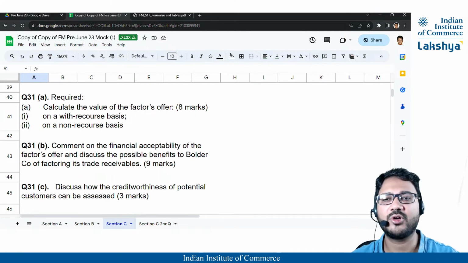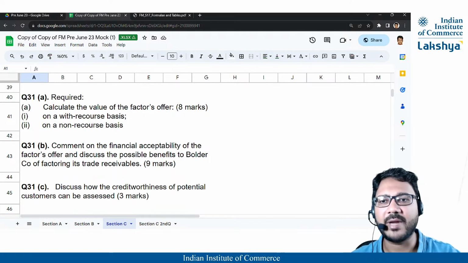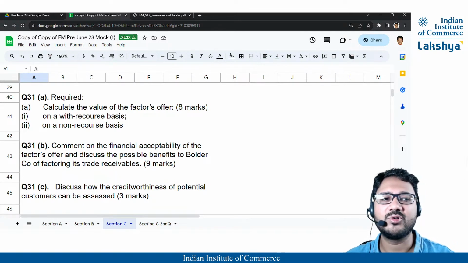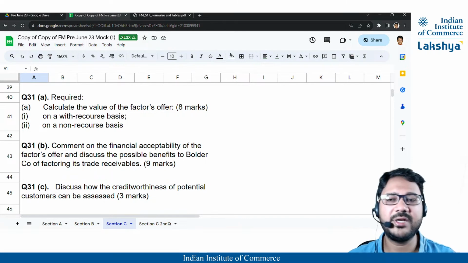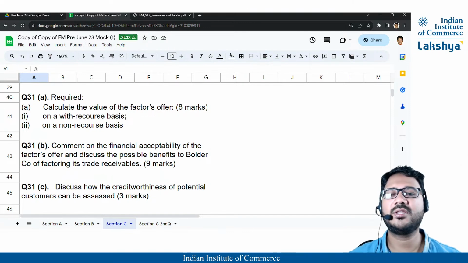So they can focus on operations and business. Then it helps reduce bad debts. It would also eliminate bad debts if you have gone with non-recourse factoring. You will get financing also from the factor, so you need not negotiate with the bank. So all those are the benefits of factoring.